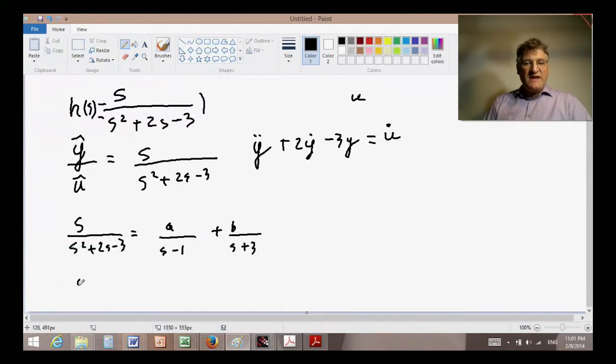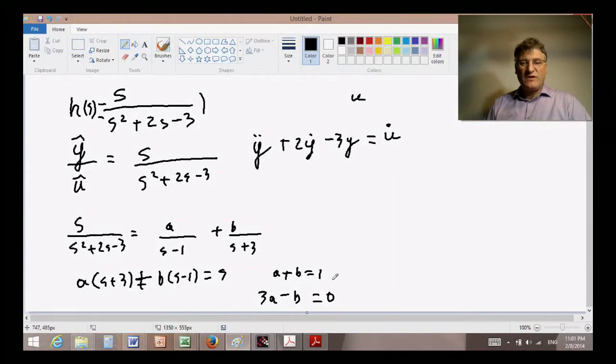We obtain that a times s plus 3 plus b times s minus 1 must be equal to s. Or in other terms, a plus b is equal to 1, and 3a minus b must be equal to 0. We get that b is equal to 3a, or a is equal to 1/4, and b is equal to 3/4.